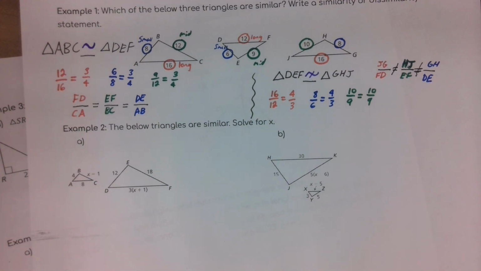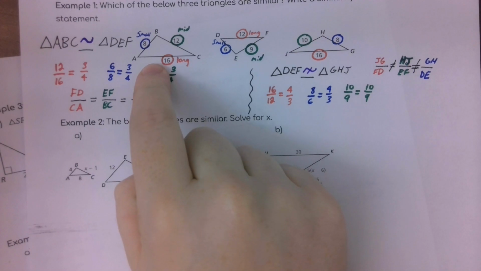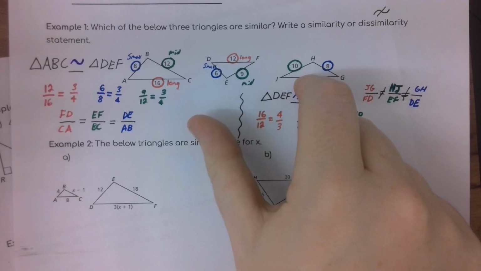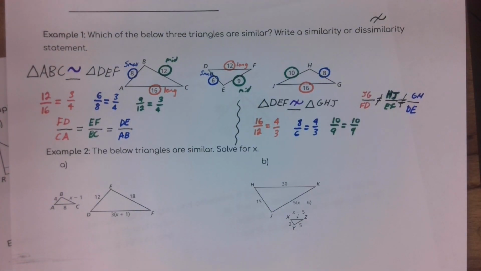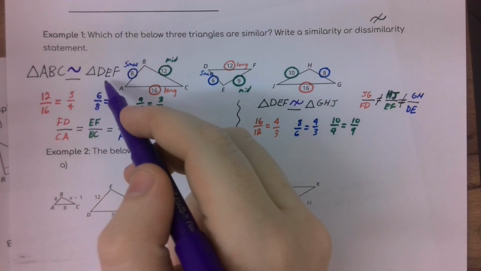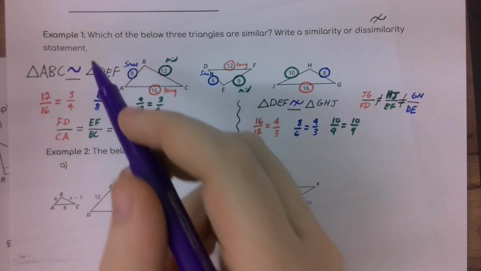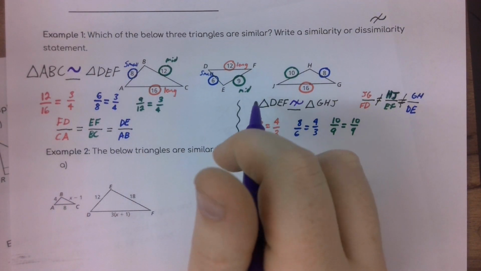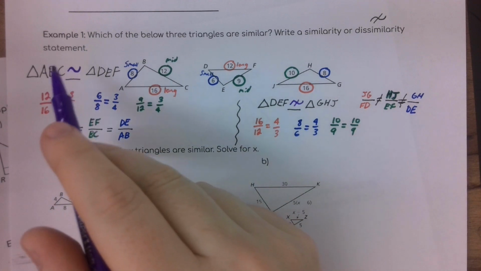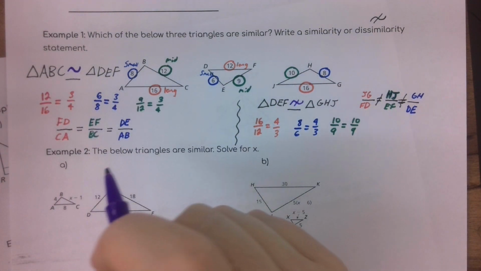Now you might be saying, Mr. Strager, we never compared ABC to GHJ. And you're correct, we haven't. But we actually don't need to anymore, because we can apply the transitive property. We know that ABC is similar to DEF. If DEF was similar to GHJ, ABC and GHJ would be similar.